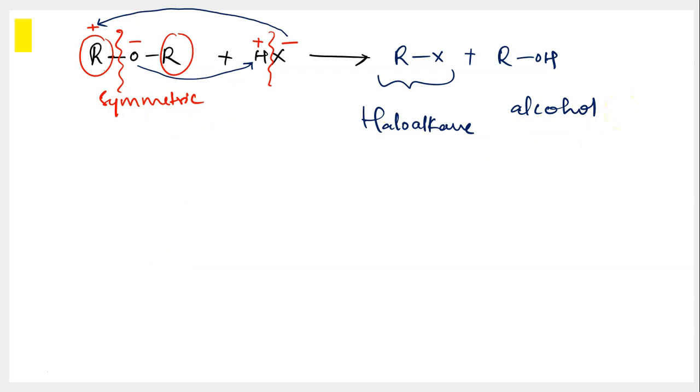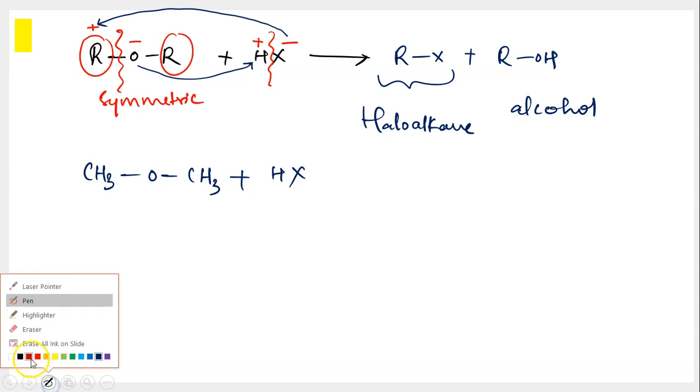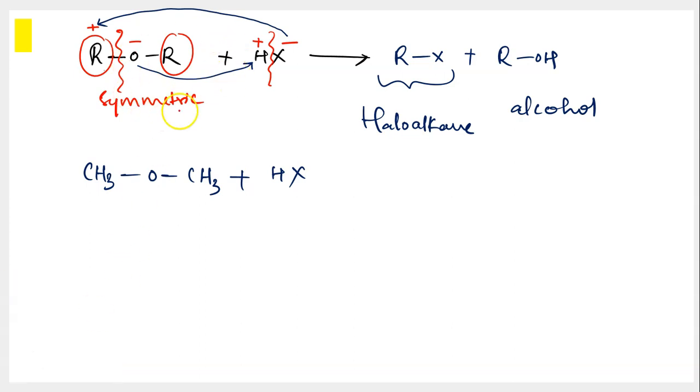Now in order to understand this better, let us take an actual ether as an example. Here we have taken a schematic ether, which is R, an alkyl group. But now let us take an actual ether, like CH3OCH3 and HX. What could happen? Try to apply the same technique that we have discussed in this example reaction and write the products.